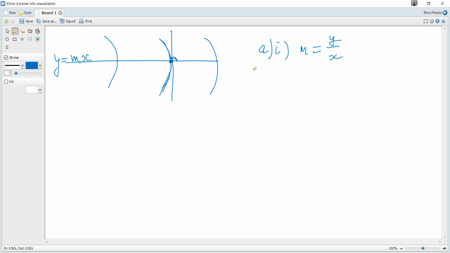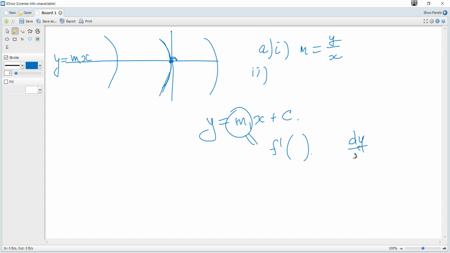directly from this equation. The next: show that the gradient of C is given by dy over dx is negative x over y. 1 mark. And the gradient of the curve is the same as the gradient of the tangent, and we know that the equation of a tangent is a straight line mx plus c, and this m, the gradient of the tangent, is equal to the derivative at the point where it is drawn, or the notation for the derivative is dy over dx.